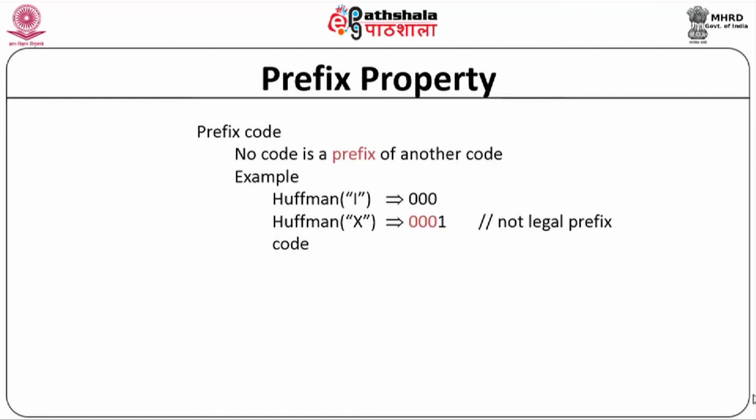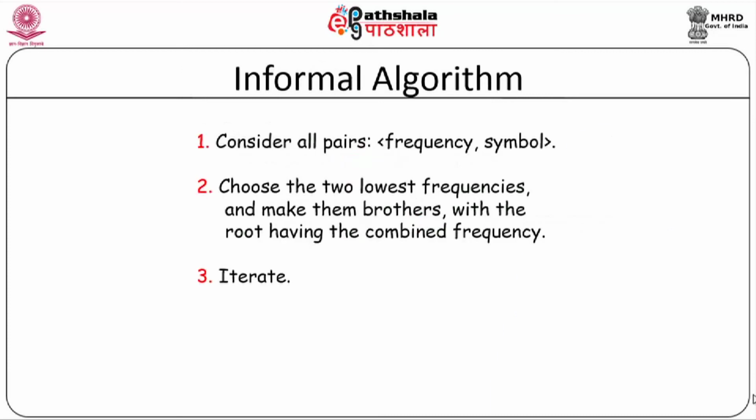For example, if 0 represents character A, and 0 1 represents, let us say, character B, then how will you interpret 0 0 1? This is where the problem comes. This leads to multiple ways of interpretation that may cause problems. Fortunately, the Huffman code satisfies this property, so there is no confusion at all.